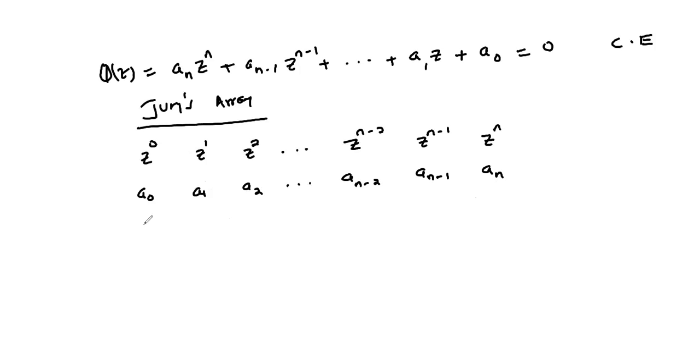The second row, we start with a_n, a_(n-1), a_(n-2), all the way to the terms a_2, a_1, a_0. So the first two rows are determined using the coefficients of its characteristic equation from a_0 to a_n in the first row and from a_n to a_0 in the second row.